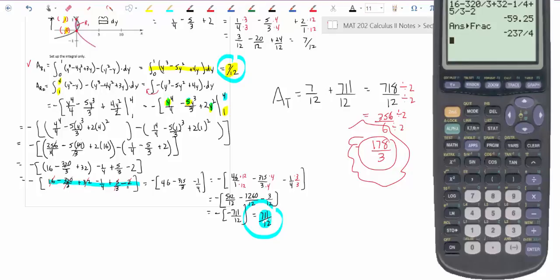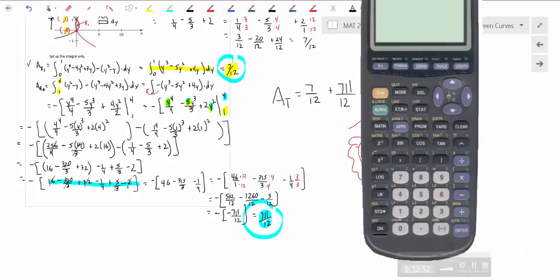Okay, so you can use this to check. What I'm saying is you could go to this point and just use your calculator to see if this is right. So if I go 16 minus 320 over 3, and then plus 32, minus 1/4, plus 5/3, minus 2, I get this decimal equivalent.